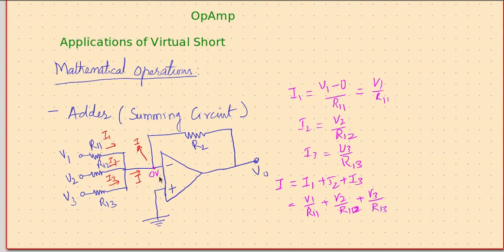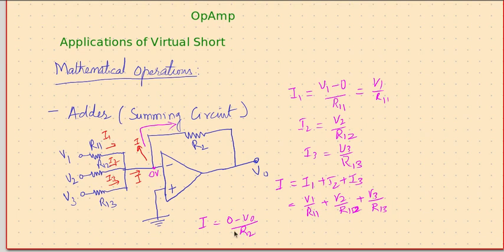And due to the virtual short property, this current I cannot enter into the operational amplifier, and it has to flow through this feedback resistor R2, and hence we get a voltage here. As the same current I will flow here, so that is 0 this side minus Vo by R2.